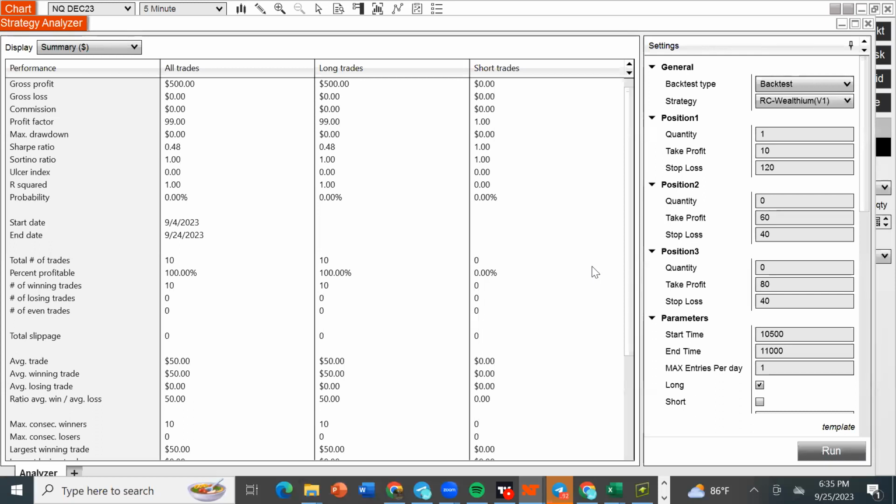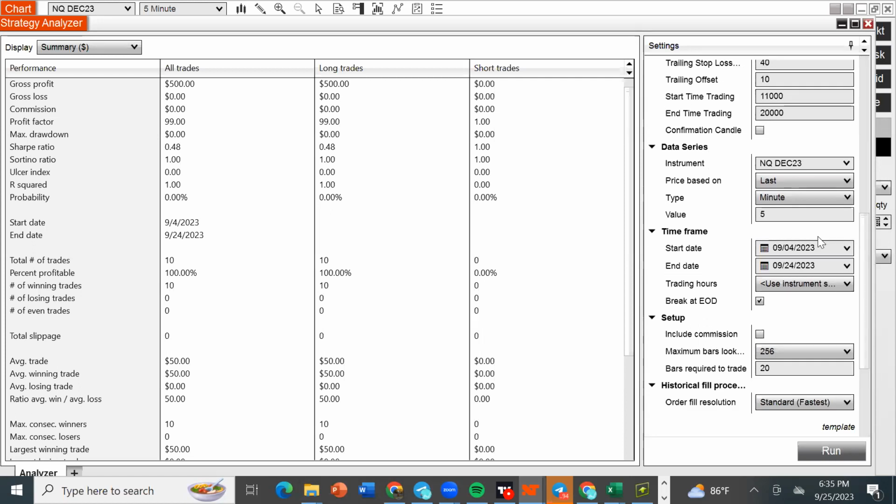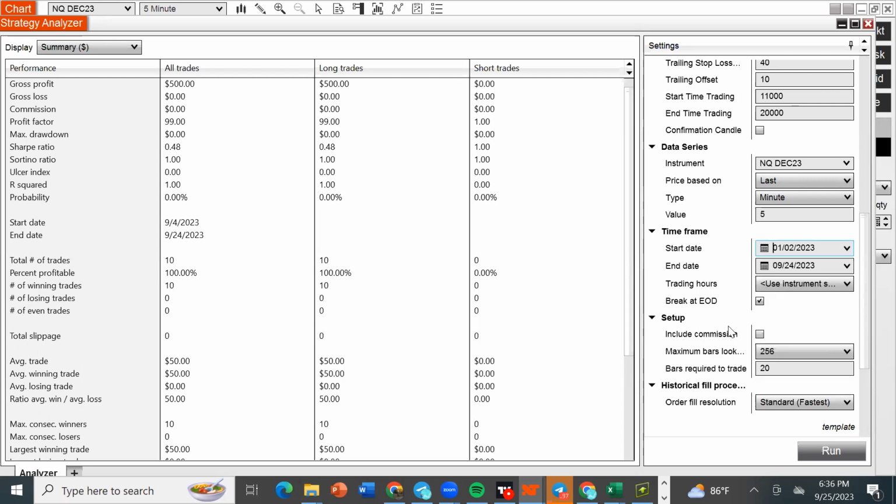This particular algorithm works well with the 5 minute normal candles. So instead of just September, let us take from January, Jan 2nd, and let us try to run it.